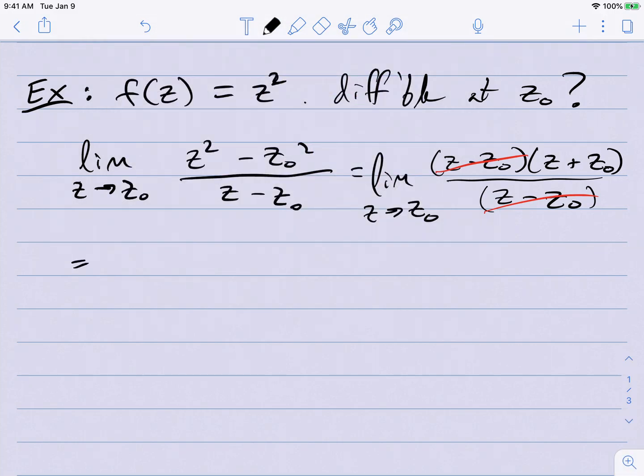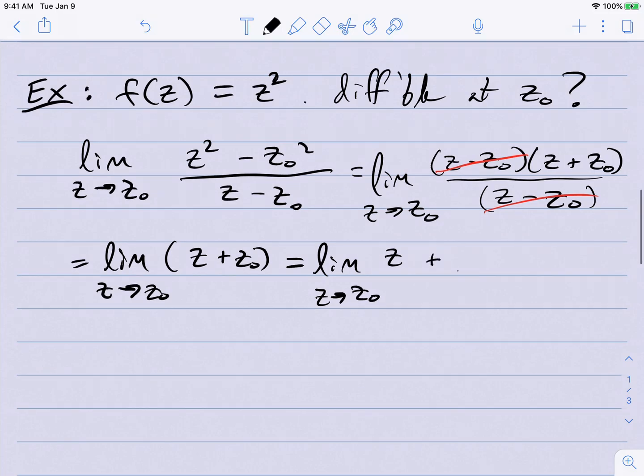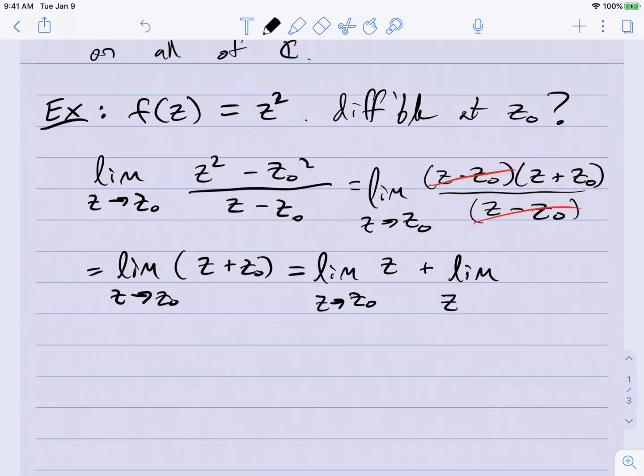And so this is just equal to the limit of z plus z naught as z goes to z naught. This is overkill, but using rules of limits from the previous section, I've got a sum here. I can break that into two limits. The limit of the sum is the sum of the limits, as long as they both exist.